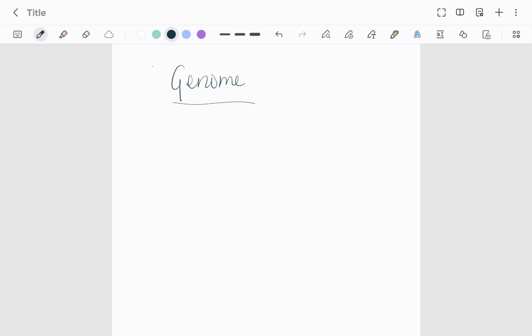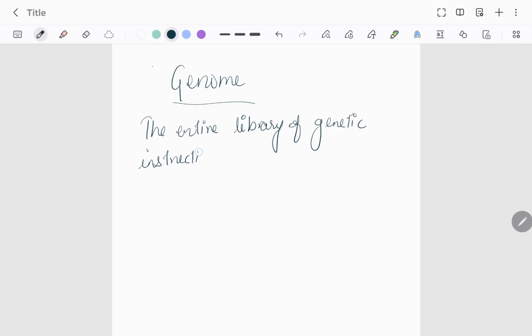See, whatever DNA is inside an organism, all that is genome. So if I say the entire library of genetic instructions that an organism inherits, right?